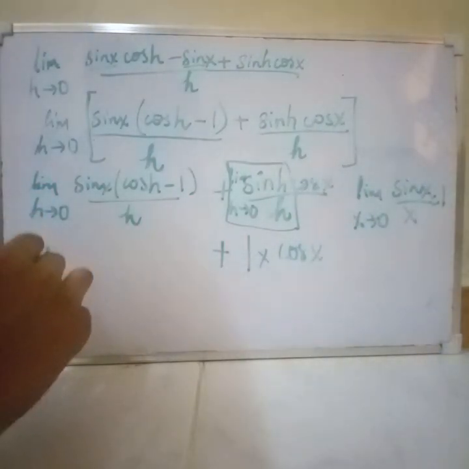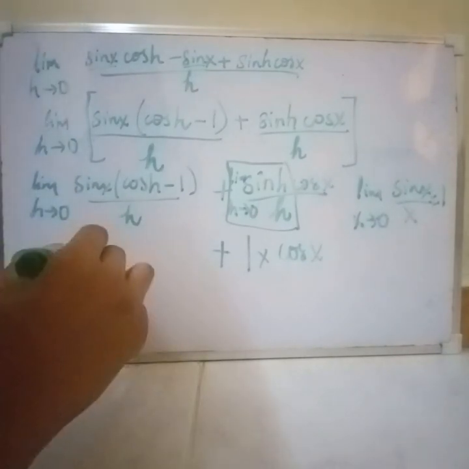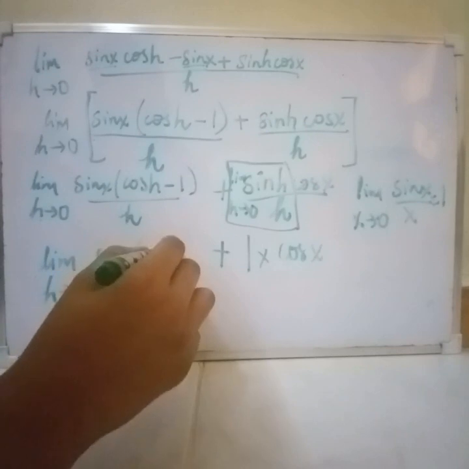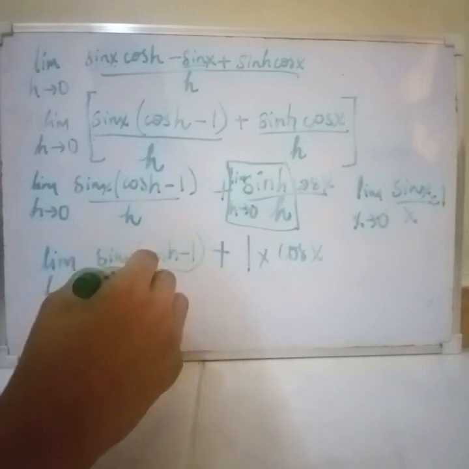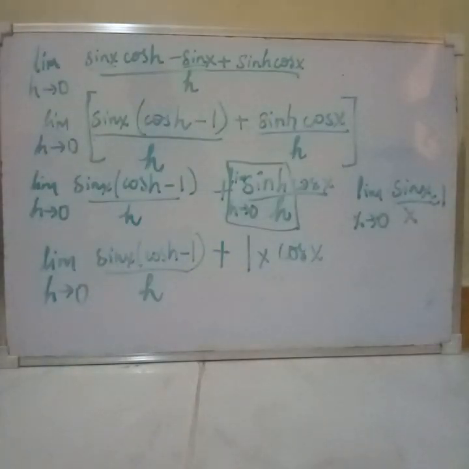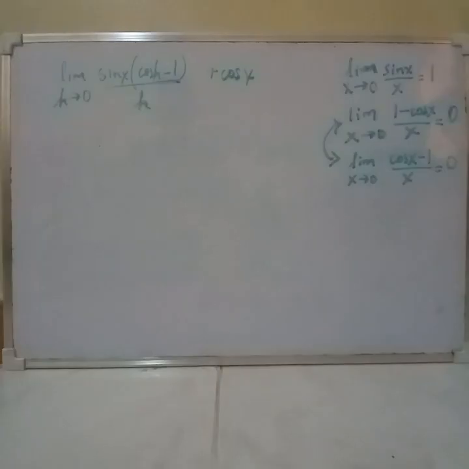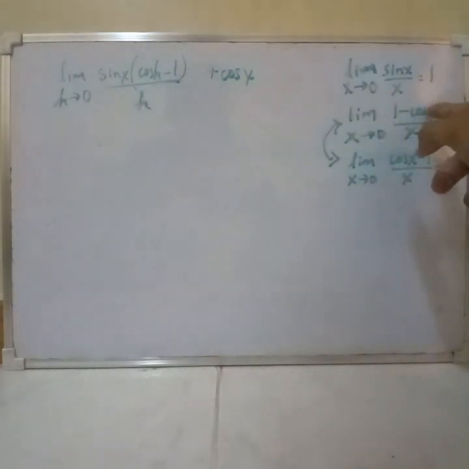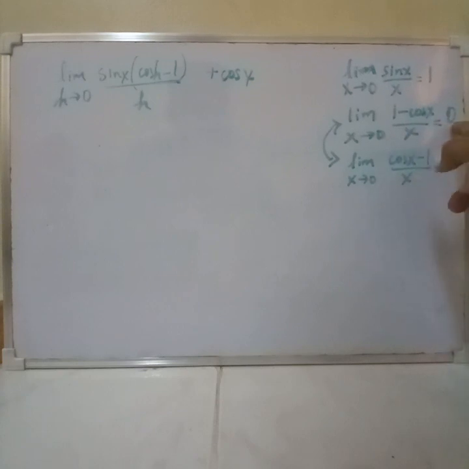So this part will be written now the same, limit h tends to 0 sine x times cos h minus 1 by h. As we were continuing, we have to use one more formula here. We are having the formula limit x tends to 0 of 1 minus cos x by x is equal to 0.